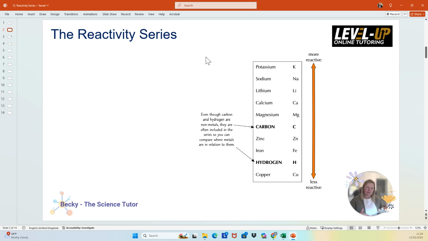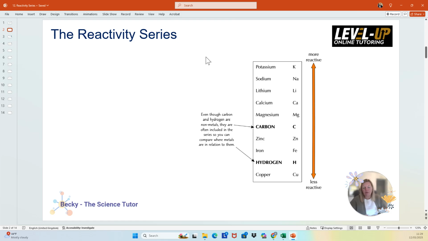As we go through a sequence of slides today, you'll see that some of these things we've already encountered. We're going to have a look at how metals react with acids. We've already looked at metals with acids in an earlier video. We're going to look at metals with water.